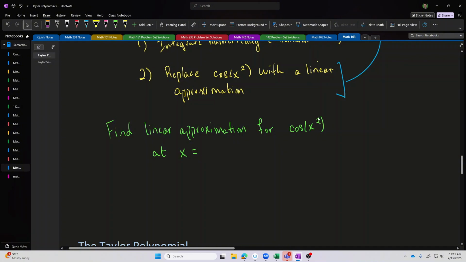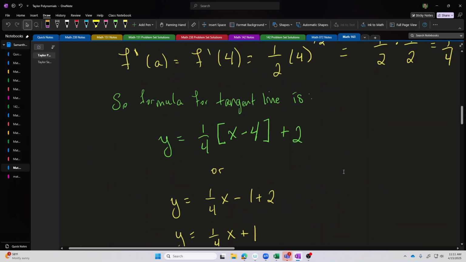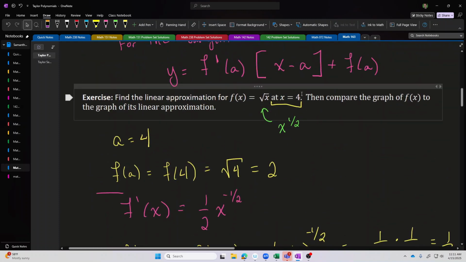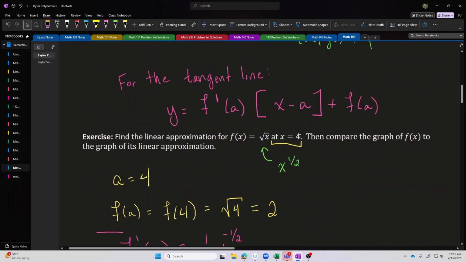Well, in order to find a linear approximation, I need a value of a. I need a value at which the linear approximation is going to be calculated. If I don't have a value of a, then I don't have enough information to fill in this blank in the formula, or this blank in the formula, or this blank in the formula.